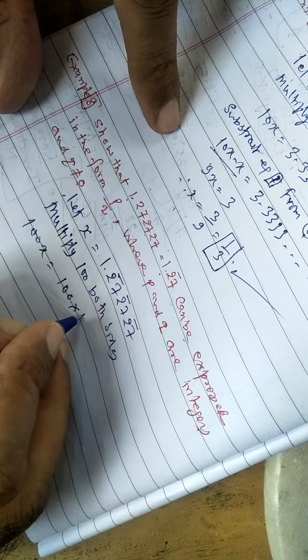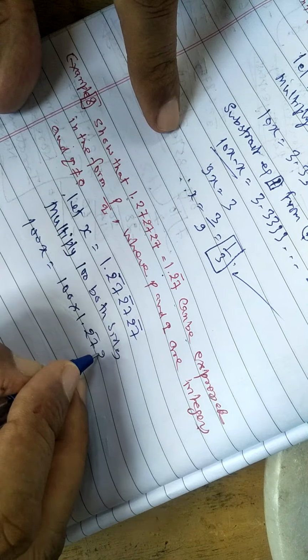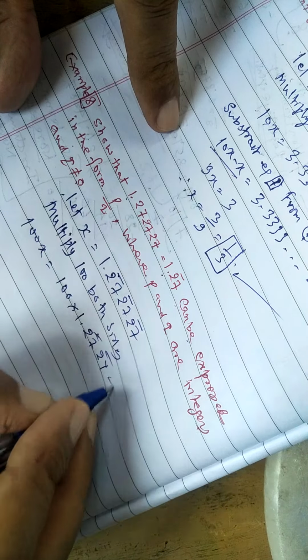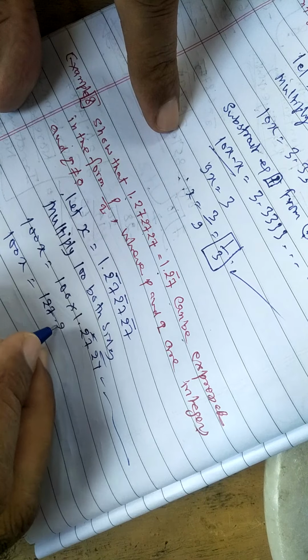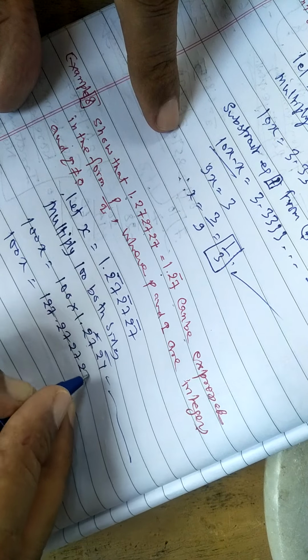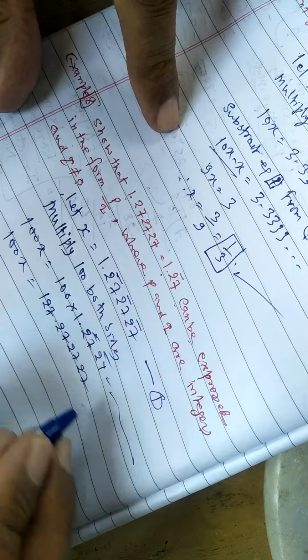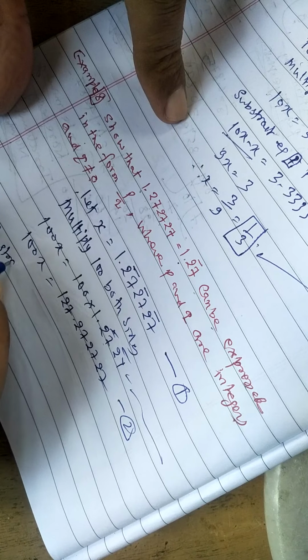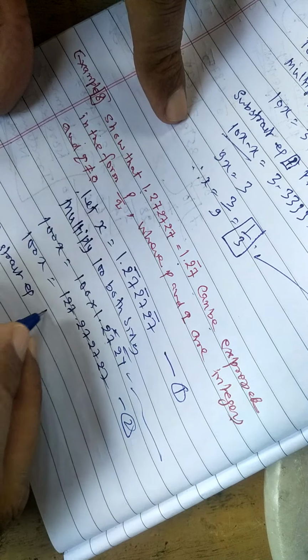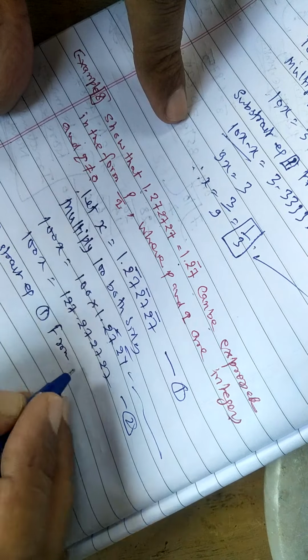So what will happen, 100x equal to 100 into 1.272727. So what we will get, 100x equal to 127.272727. This is equation number 1 we can call, this is equation number 2. Again we will subtract equation 1 from equation 2.